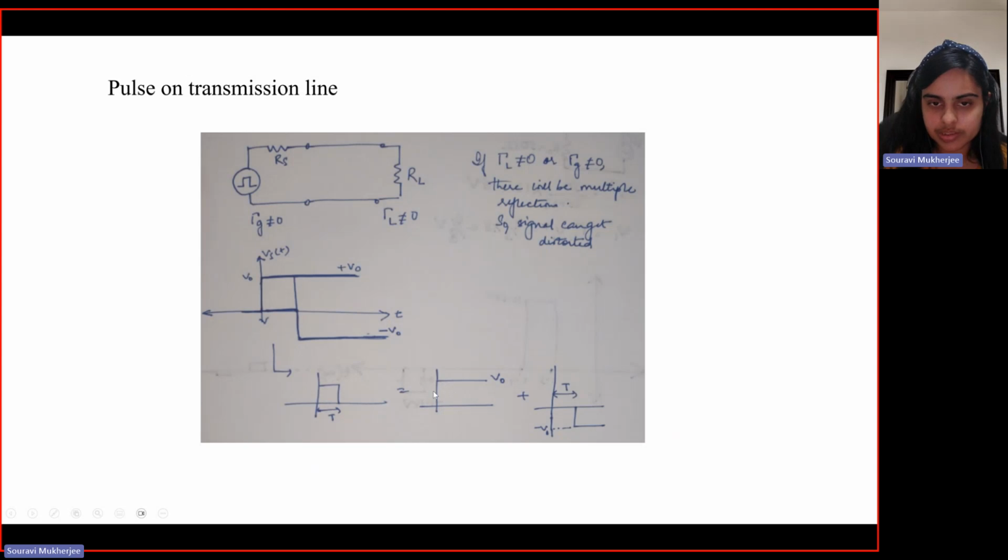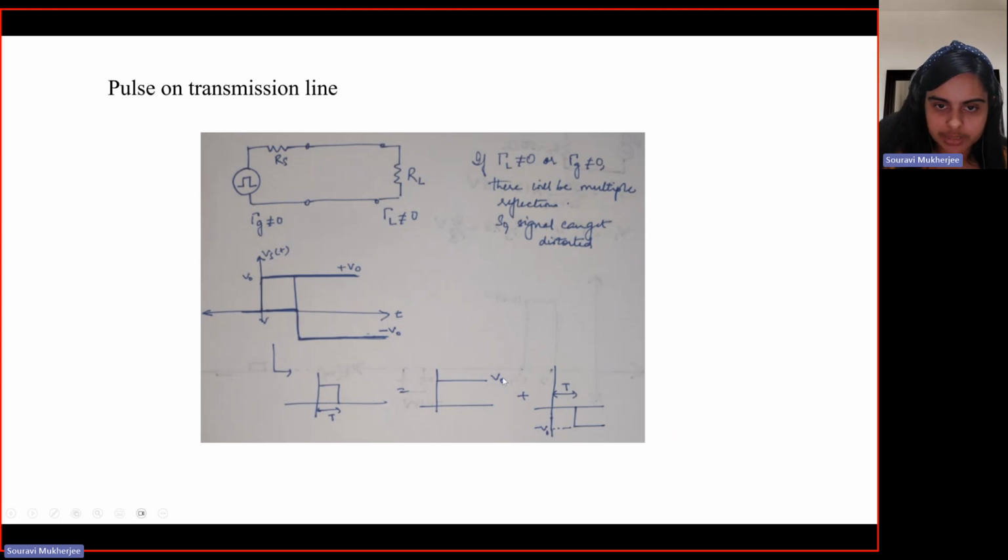You can say that one is an all-time-up, V naught constant scalar signal, and then at a certain time interval t later, you have this signal which is minus V naught.